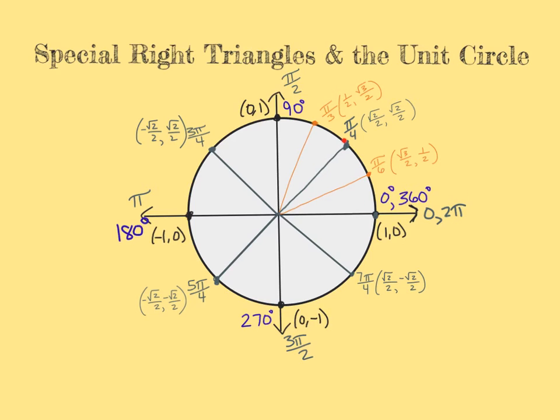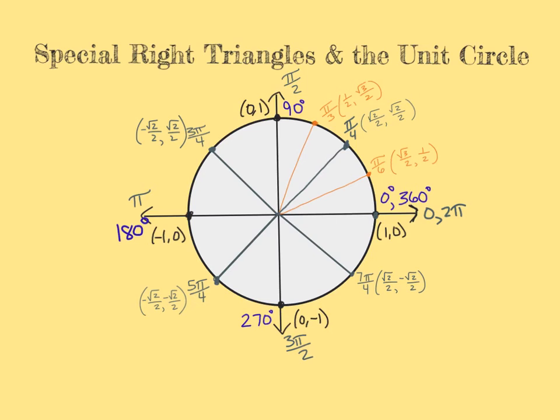So basically, we've just quartered this, and it actually has 8 of those, because all the way around is 2 pi. We can see that the x and y coordinates are basically the same for all of those pi over 4 members of the family.